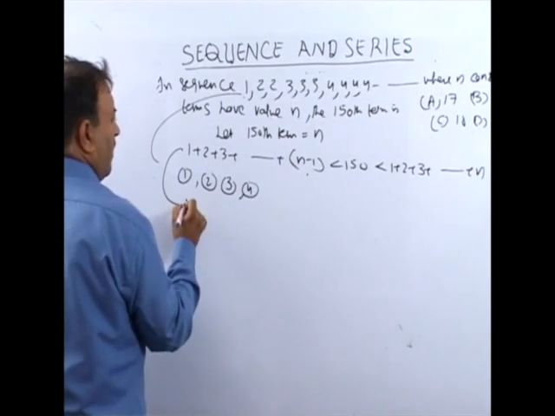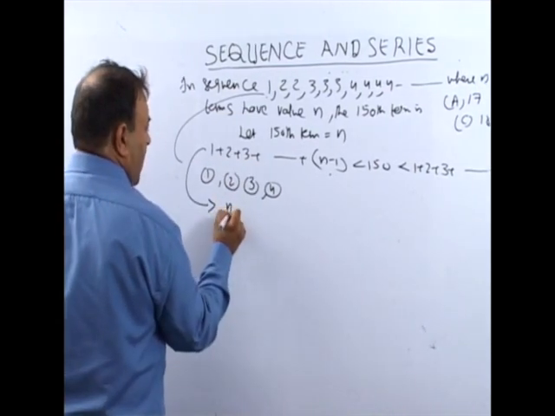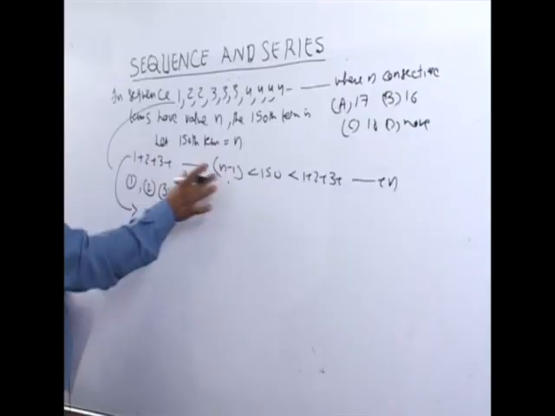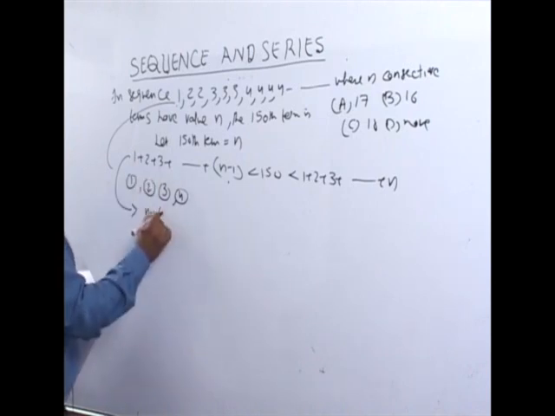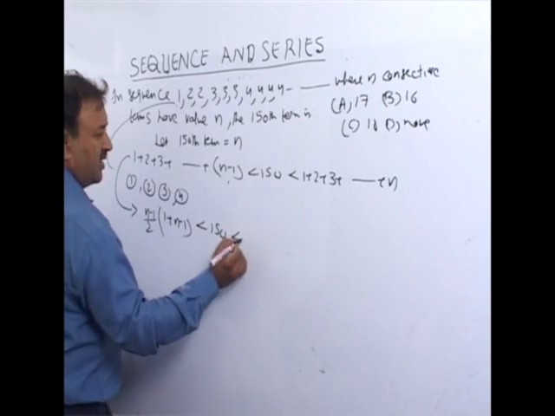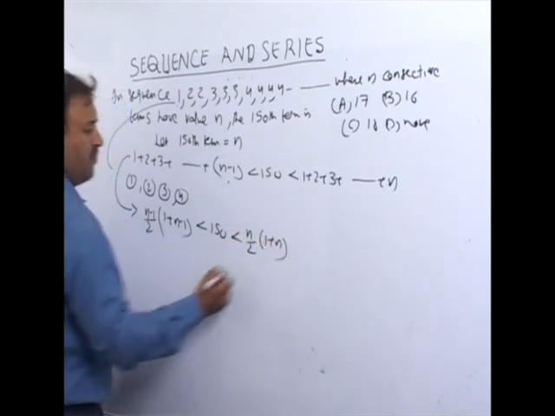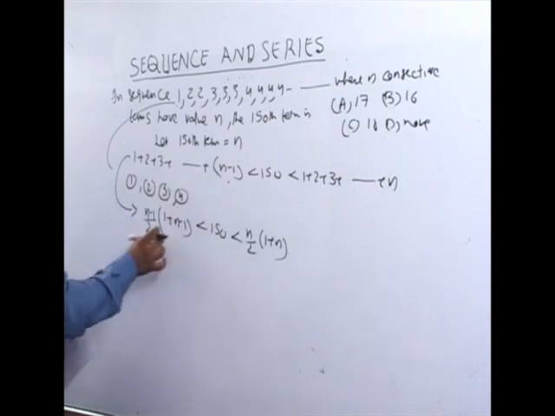Now the next step. This is an AP, so the sum is n minus 1 by 2 times the total number of terms, A plus L, 1 plus n minus 1. It is 150. It comes out to be n by 2, 1 plus n. Number of terms n by 2, A plus L, where 1 will be cancelled out.